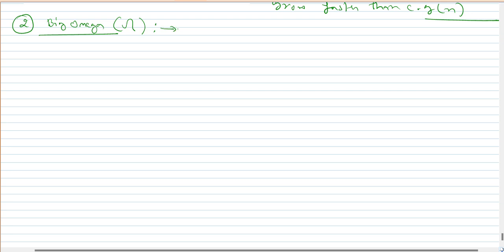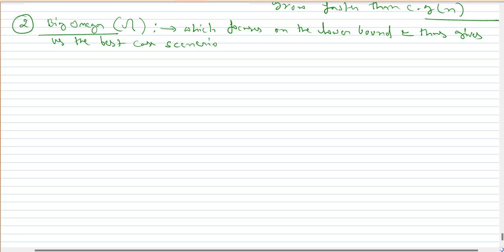Next we'll discuss big omega notation, which focuses on the lower bound and thus gives us the best case scenario for how fast an algorithm can run.